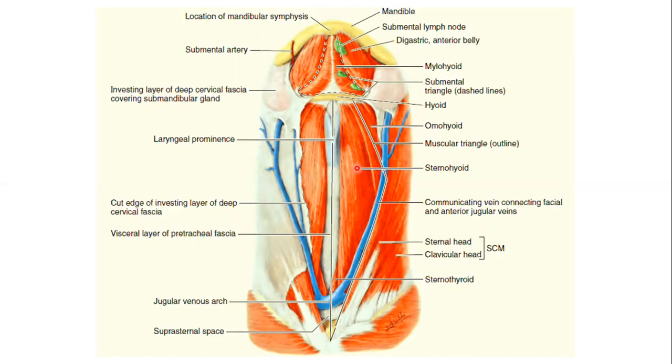You can see the sternohyoid and the sternothyroid here. These are the four suprahyoid and the four infrahyoid muscles, and we will do them in detail.